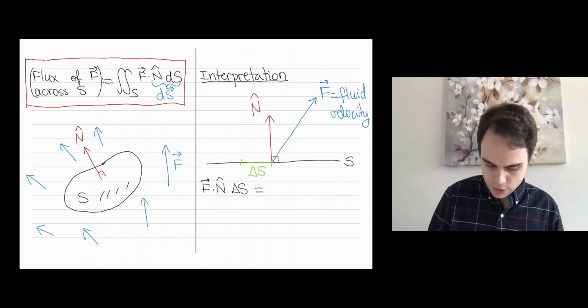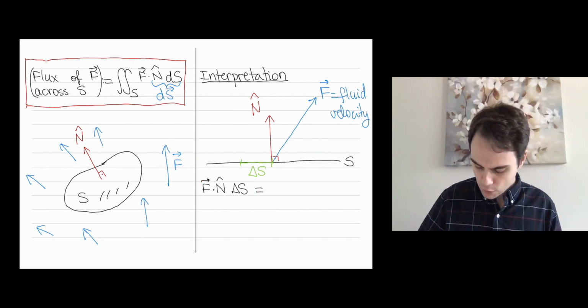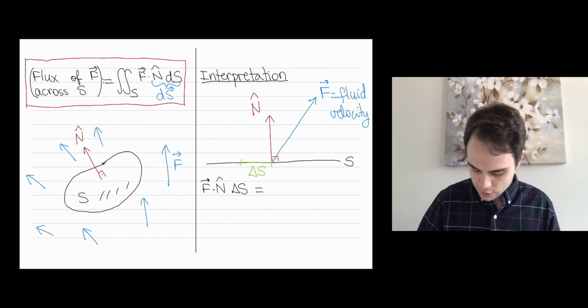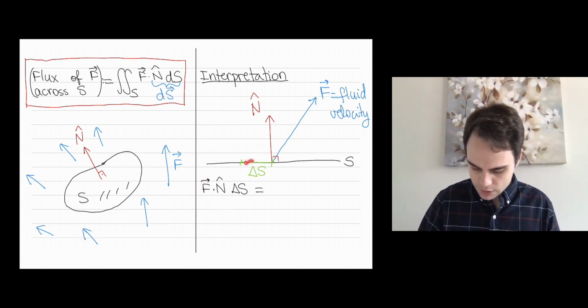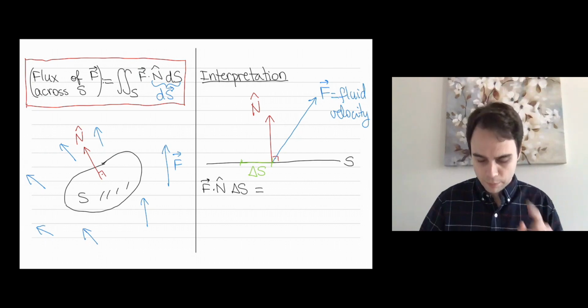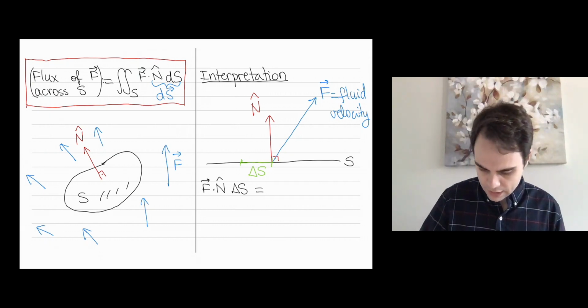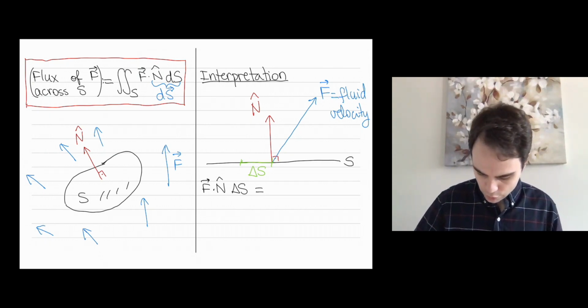And here's the interpretation. It's going to be the volume of fluid that crosses delta S in 1 unit of time. Let me just draw that volume of fluid that we're talking about.